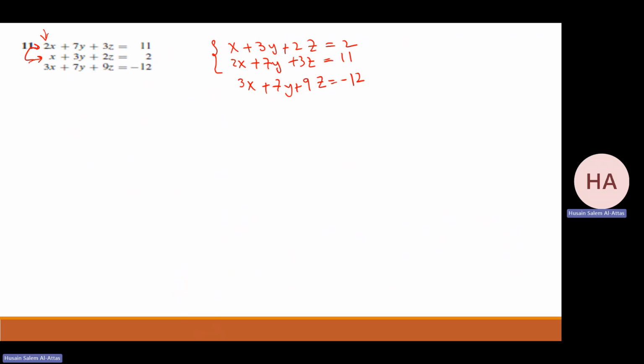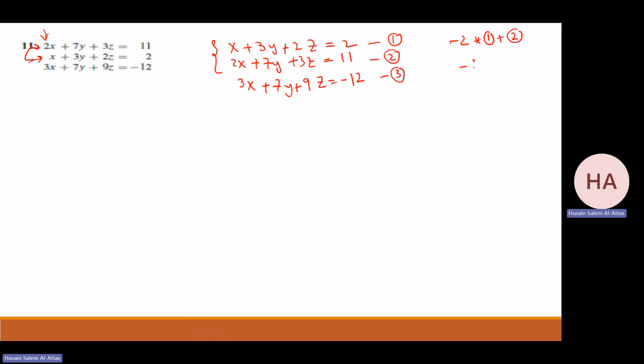Okay, I'll try to solve this system. The idea, I'll try to eliminate x. Let me call these equations 1, 2, and 3. So I multiply the first equation by minus 2 and I add it to the second equation.